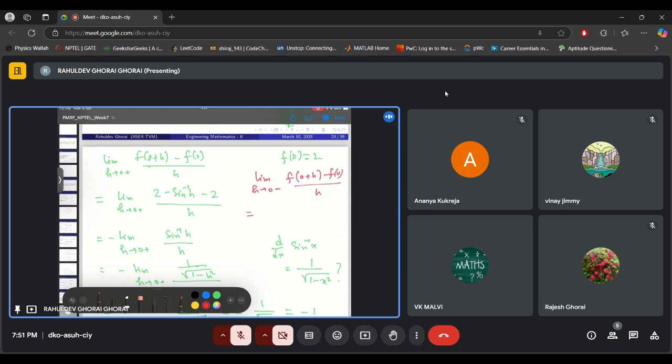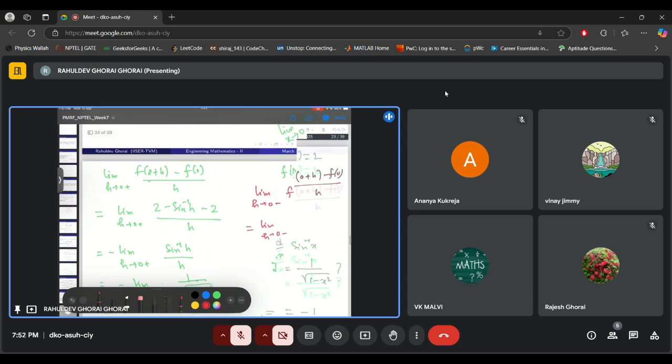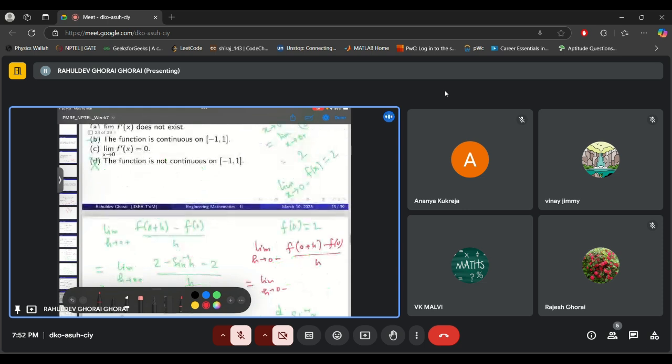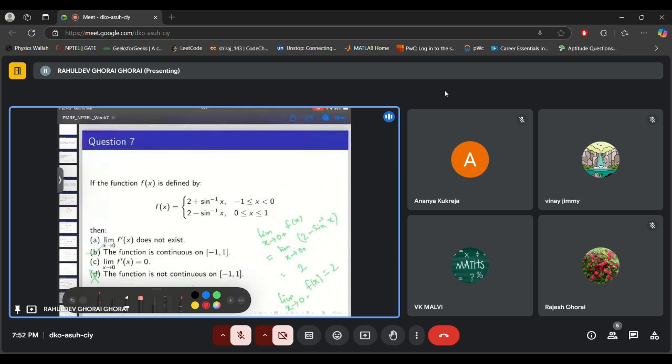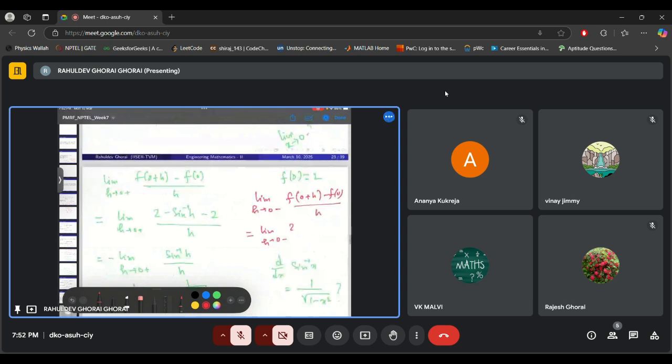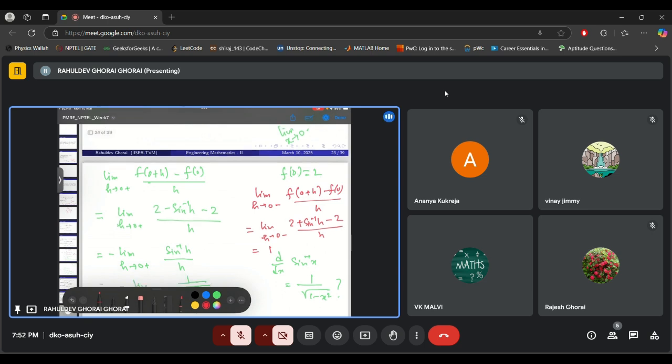So limit h tends to 0 minus, what is f of 0 plus h? 0 plus h will be in the interval where f is 2 plus sine inverse h, and f of 0 is 2, so it will be this over this, and you will see it will be 1 because the negative sign before the sine inverse function is not there now. This is due to the fact that you are taking the limit from the left hand side.